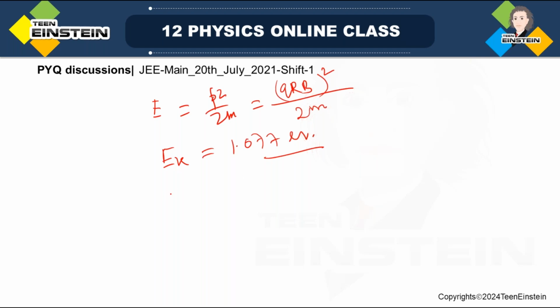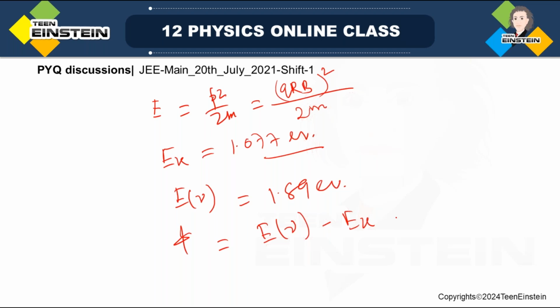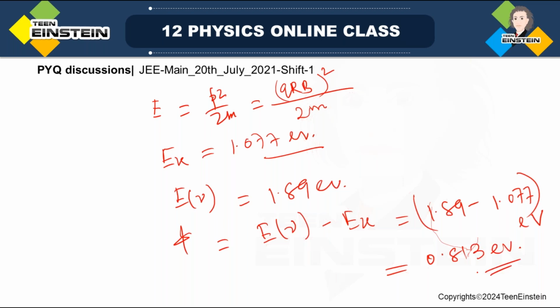Energy of the photon we had got 1.89 eV. So the work function will be E nu minus Ek, that is 1.89 minus 1.077 electron volt. This will give you 0.813 eV. Okay.